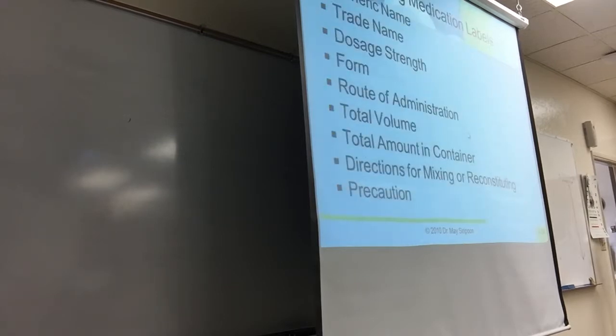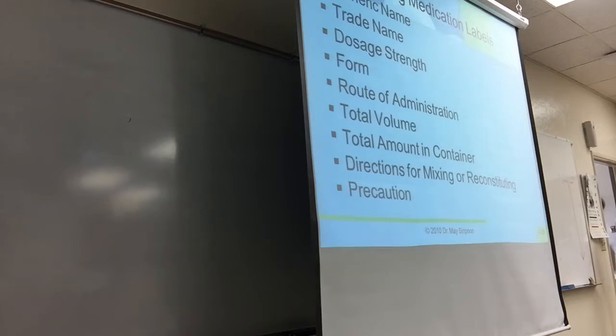So when you are reading a medication label, make sure that you look at the generic name and the trade name both, the dosage strength, the form, the route, the total volume, the total amount in the container.